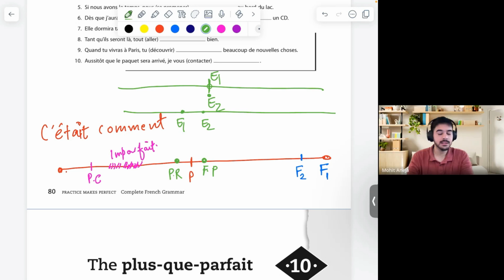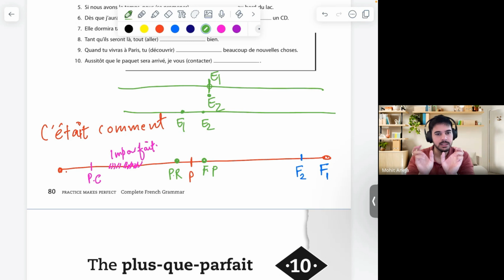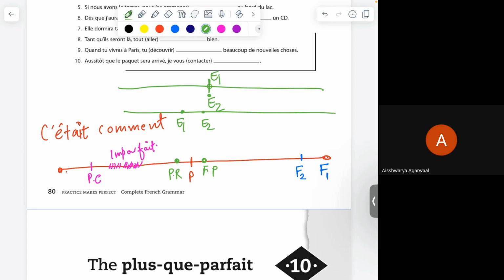But he had already finished. Before you actually arrived, he had finished the dinner. So he had eaten the dinner before you arrived. There are two words here: ate versus had eaten, right?